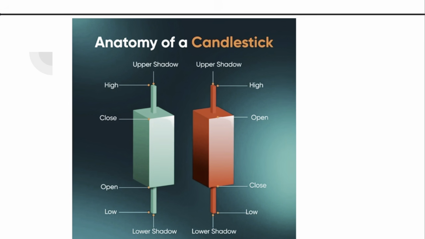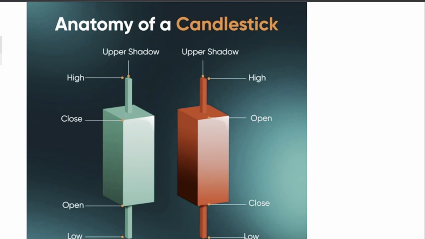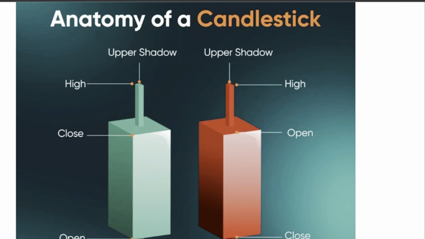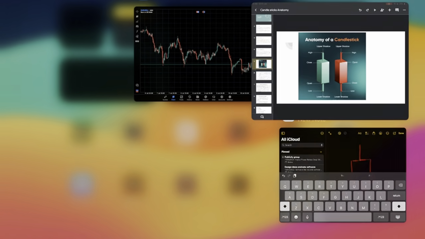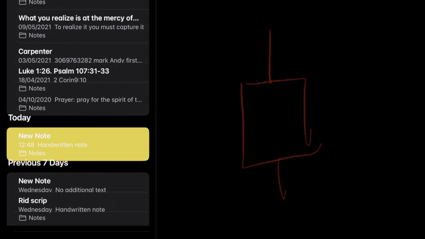So let's go and look at the candle anatomy. This is very important. Let me zoom in. So here, this is the candle anatomy. Every candle has what is called the candle body. Let me draw it.